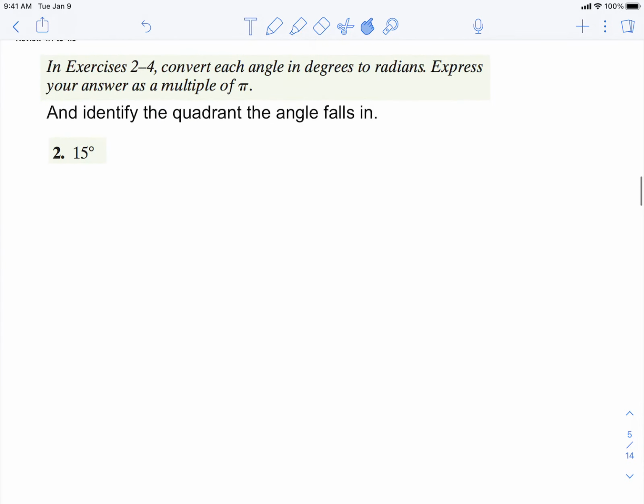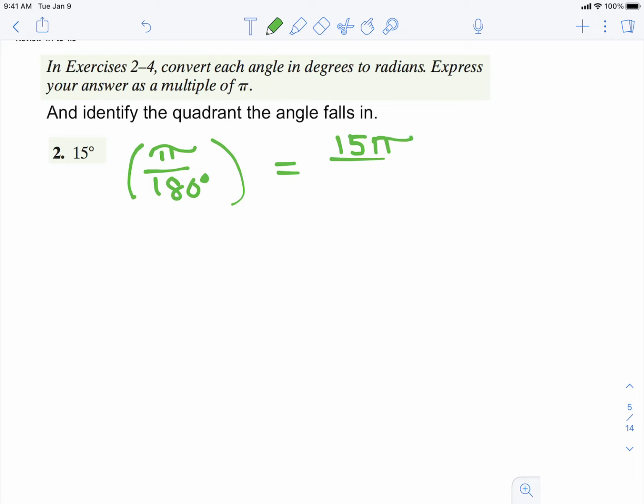All right, so the first question says, convert the angle from degree measure to radian measure. So we're going to use that ratio of pi over 180 degrees. And what happens is the degrees are going to cancel out and you would multiply across.